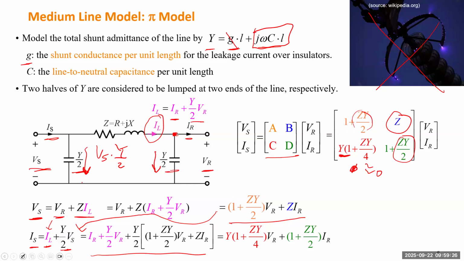If Y can be ignored, this one is also close to 0. So if Y is very small, this model will go back to the short line model, which becomes 1, 1, 0, Z.